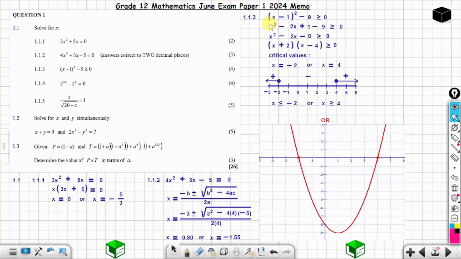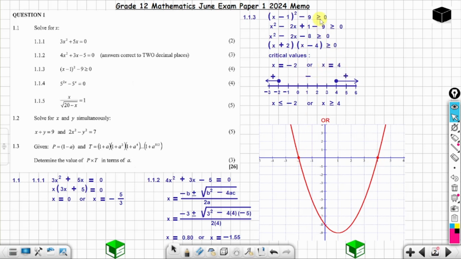You have an invisible 1 in front of x squared. So a is a positive value. This is why you have a concave up parabola, a smiling parabola. So now you understand your parabola is going to cut the x-axis at -2 and 4.